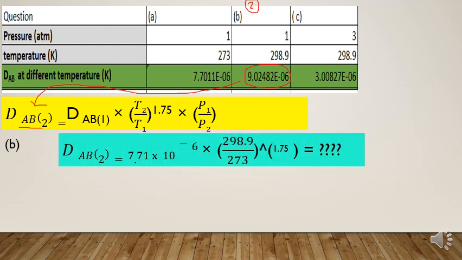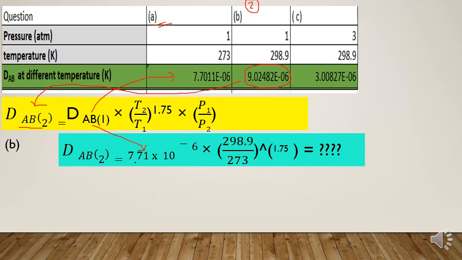DAB1 is the condition 1, which is the condition that I already determined in question A. In this case, DAB1 is 7.71, which I already got in A here.